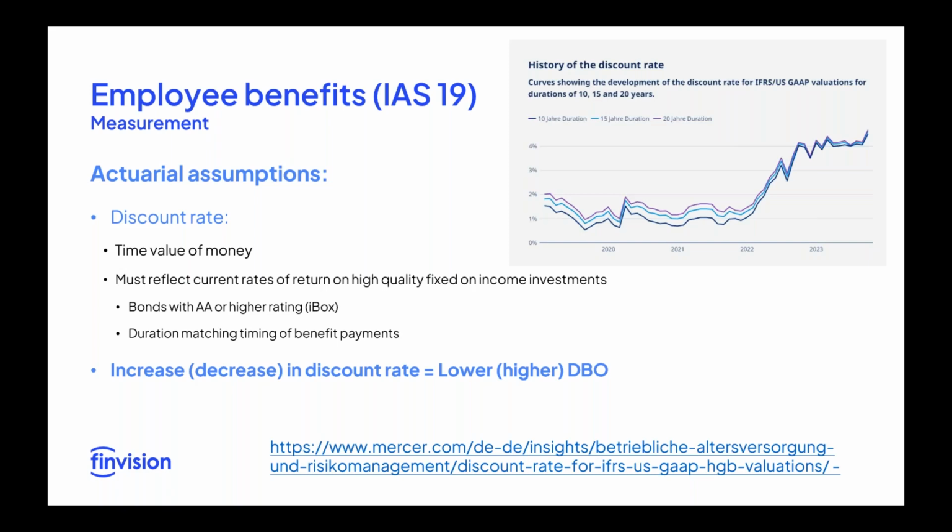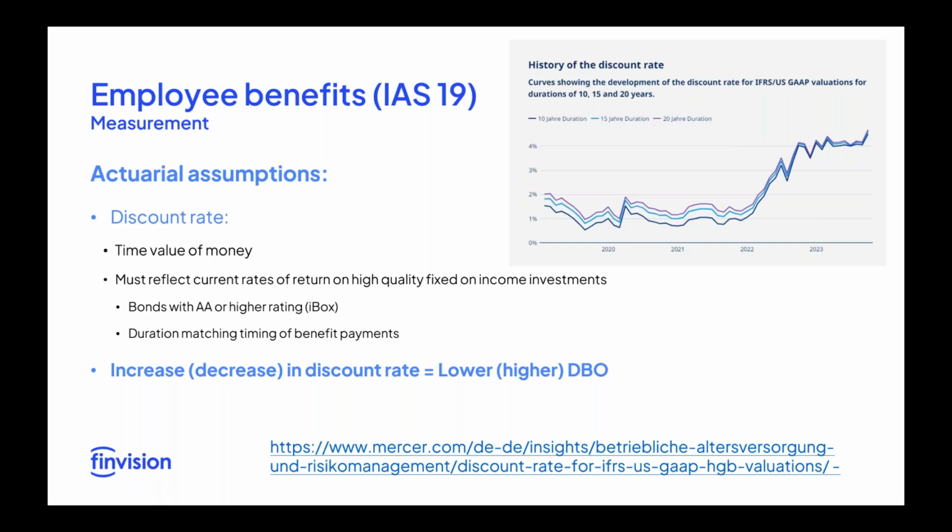It's good for the liabilities on the balance sheet, but you will see later on that the effect will go to OCI, which is equity. So on the total balance sheet, it will not have a significant impact.